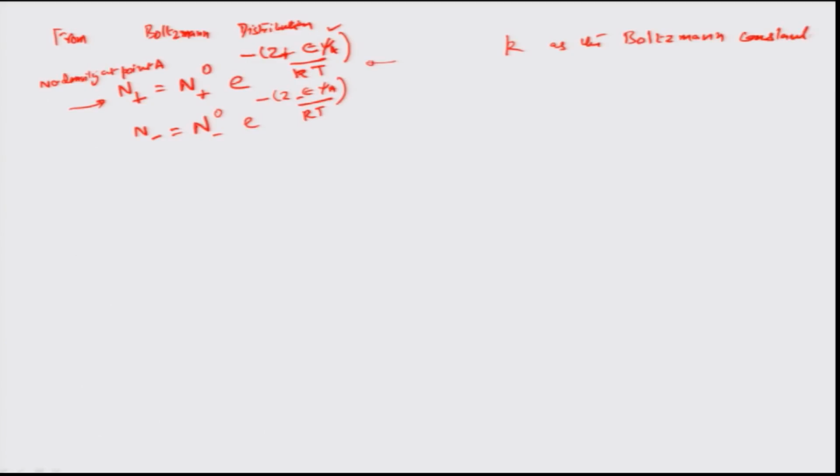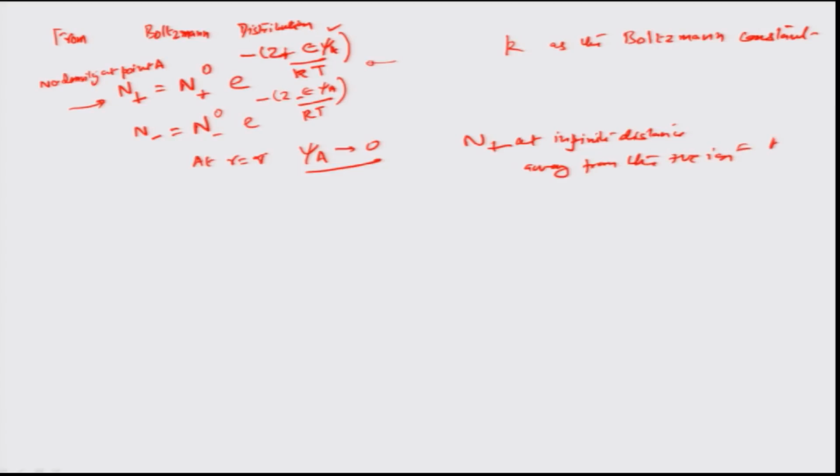And we can assume here that at a distance r equal to infinity, the psi A would typically go to 0, which would make the n plus and n minus at infinite distance away from the positive ion equal to n plus 0 and n minus 0, putting the value of psi A equal to 0 in these two equations 1 and 2. Okay.